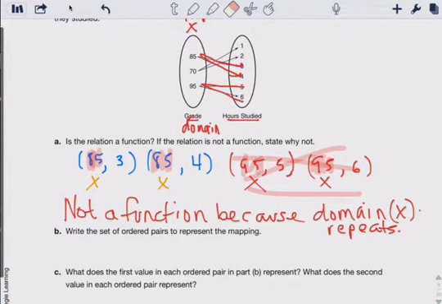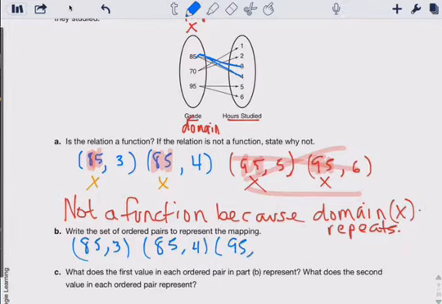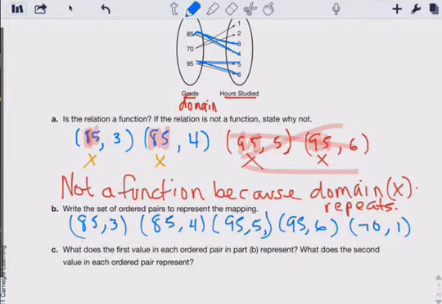So we had 85 to 3, 85 to 4, and then 95 to 5, 95 to 6, and then 70 also repeats. 70 to 1 and 70 to 2. So as you can see, there are many cases where it is not a function.